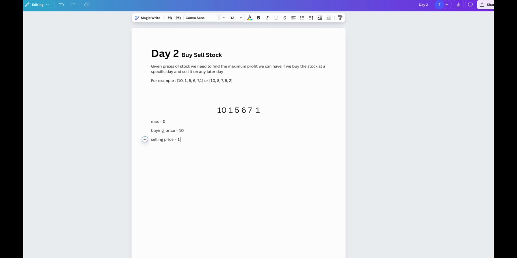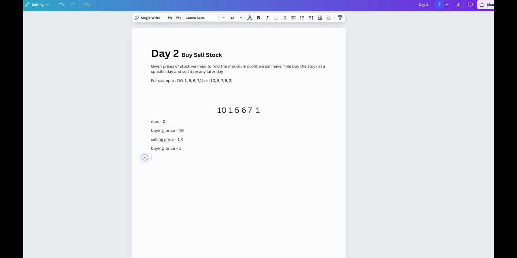My selling price should be higher than the buying price, so I would not like to sell it on day 1. Instead, I can buy it on day 1. So instead of making it a selling price, I will make it the buying price. Now from day 0 to day 1, my buying price becomes 1.